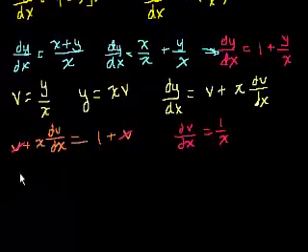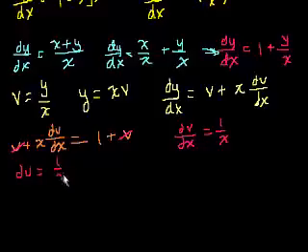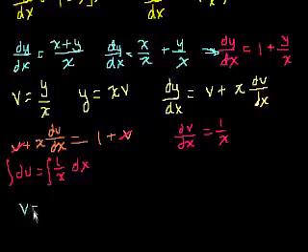So if we multiply both sides by dx, we get dv is equal to 1 over x times dx. Now we can take the antiderivative of both sides, integrate both sides, and we're left with v is equal to the natural log of the absolute value of x plus c.